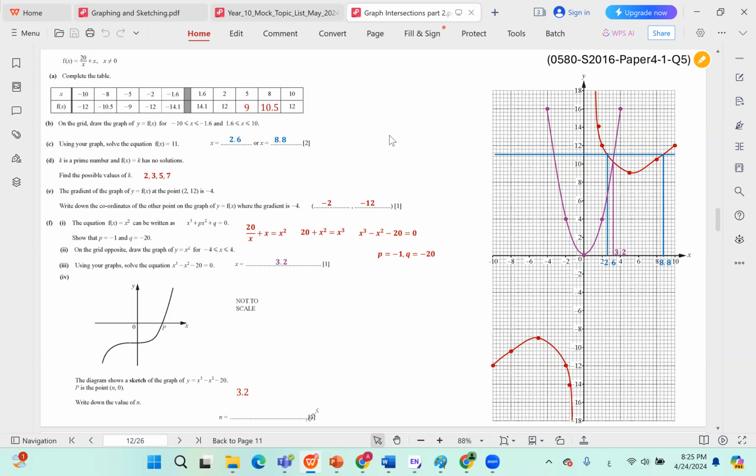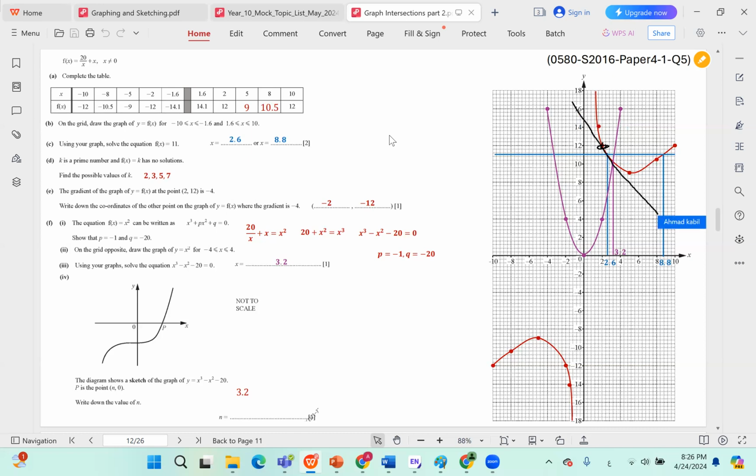For question C, we're told the gradient of the graph y equals f of x at the point (2, 12) is -4. Write down the coordinates of the other point on the graph of y equals f of x where the gradient is -4. So at the point (2, 12), which is this point here, the gradient is -4.